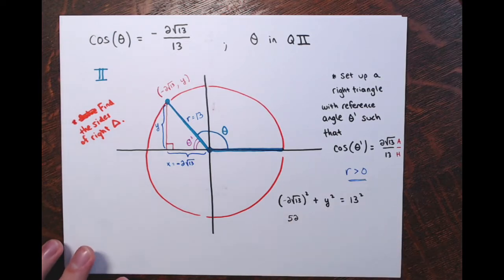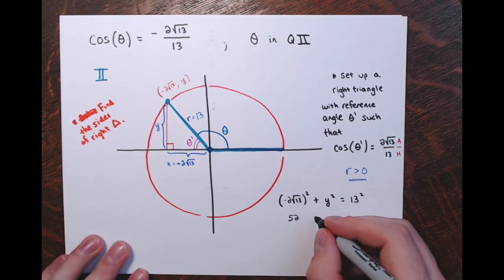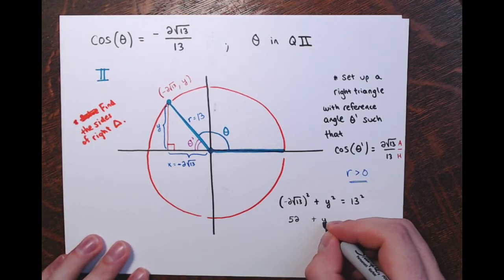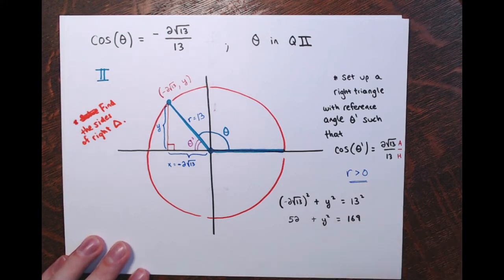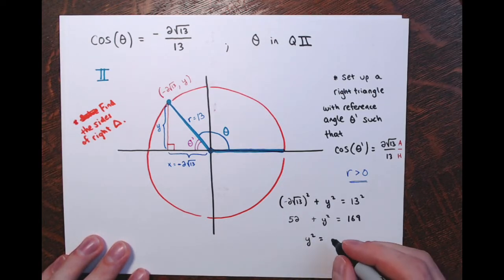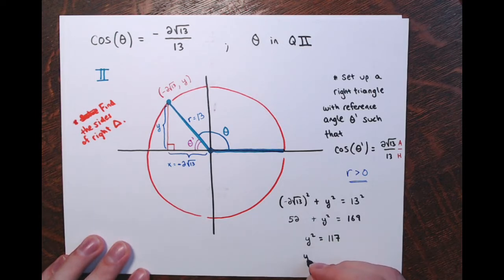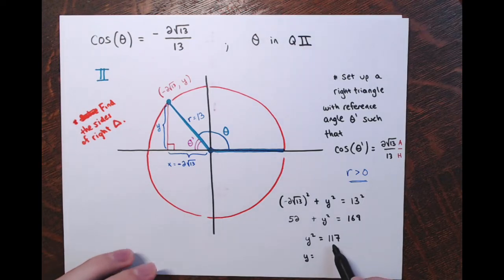So that's 52 plus y squared equals 13 squared, which is 169. And then I subtract 52. 169 minus 52 is 117. And then I take the square root. Now y equals, again, you could use plus or minus, remember, solving a squared equation, a quadratic equation, positive or negative.